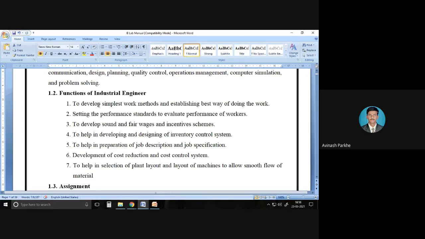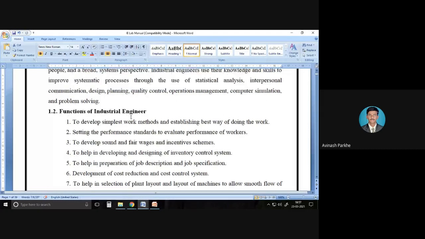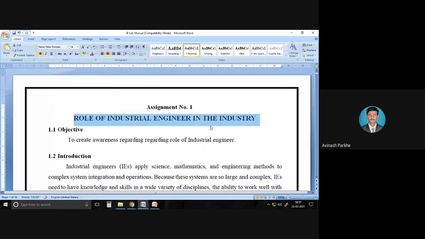So this is your experiment number 1, which is very, very simple. It is totally a study type of experiment, that is, the role of the industrial engineer in the industry. In our class, we have covered three chapters. In those, whatever the different concepts are that we implement in the industry, during that implementation the industrial engineer plays a very important role.